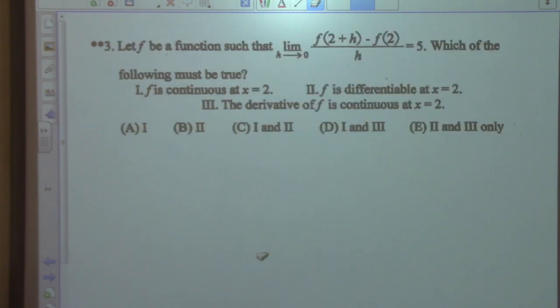Okay, we have this one right here. Let f be a function such that the limit as h approaches 0, and so forth, equals 5. Which of the following must be true?